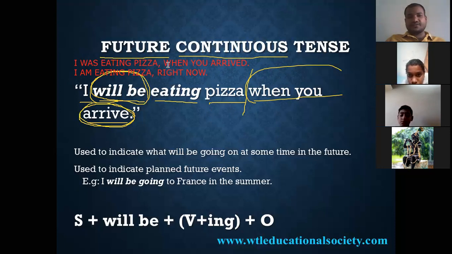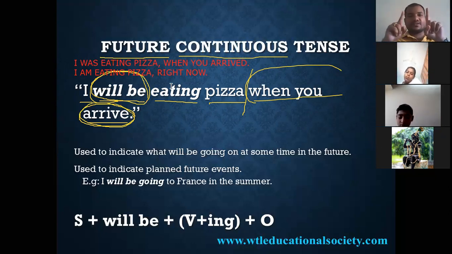So if you observe all the examples from the simple present tense, simple past, simple future, likewise past continuous, present continuous, future continuous, everywhere you can understand one particular change, that is nothing but change of time frame, and another modification is the helping verb change.